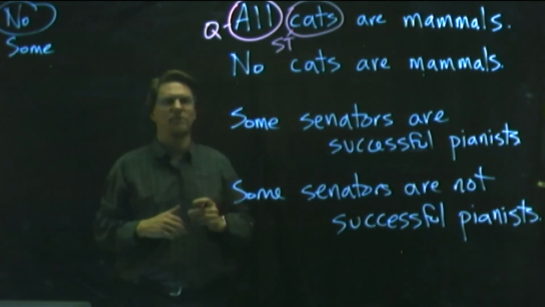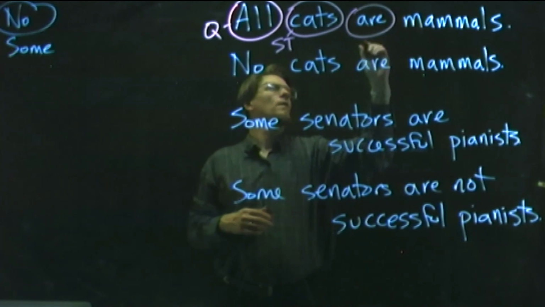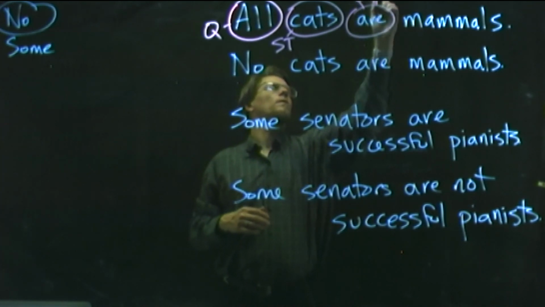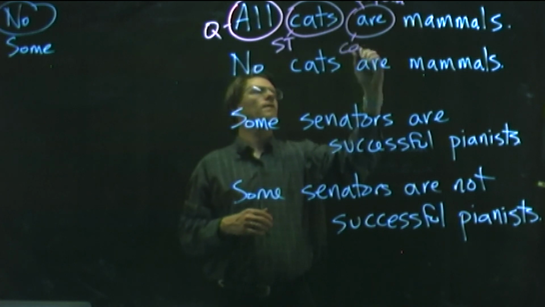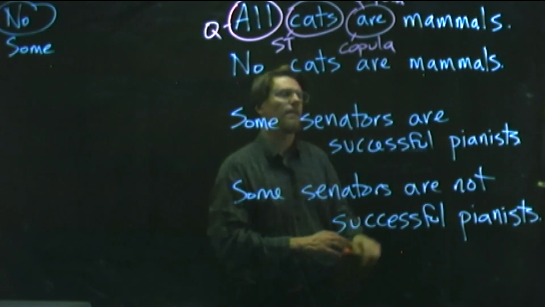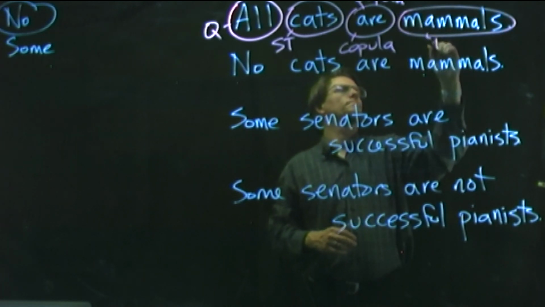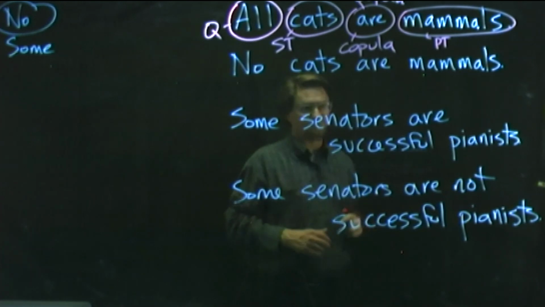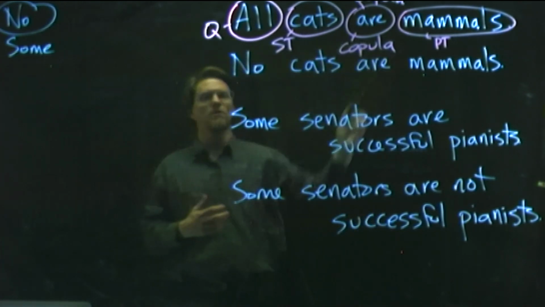So cats would be the subject term then. Copula would be are. And mammals would be the predicate term, right? So we can break this down along those lines.